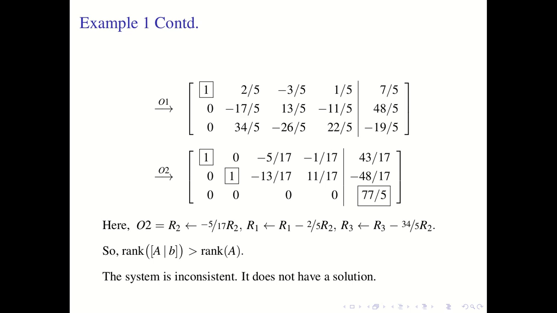In this row operation, you can see that the first 4 entries of the last row become 0, and the last entry is non-zero.